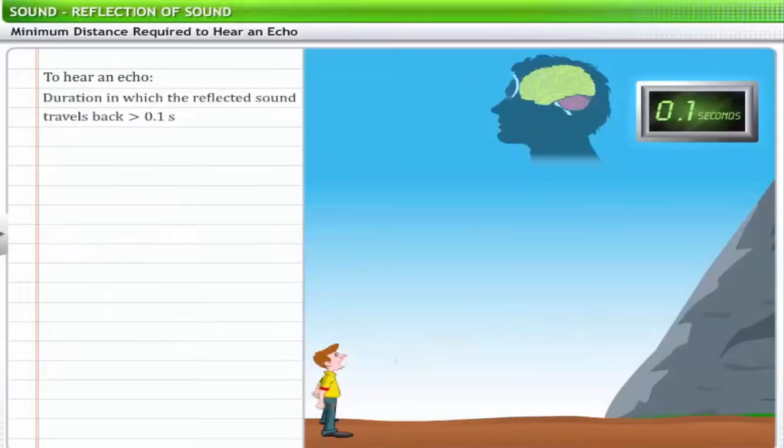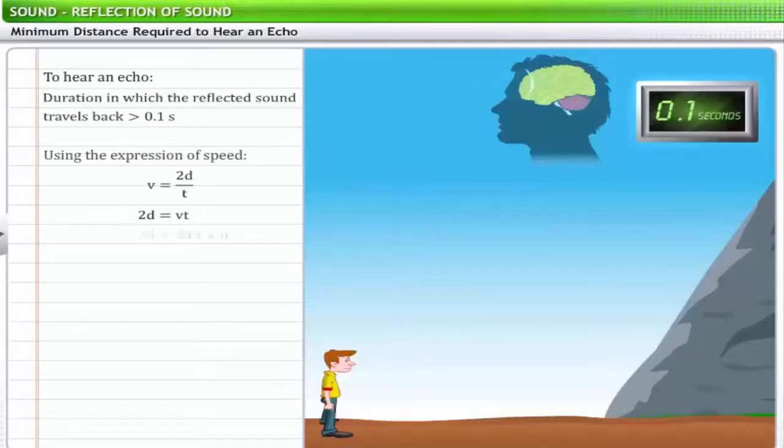To hear the echo, the duration in which the reflected sound travels back should be at least 0.1 second. Therefore, by using the expression of speed, the distance travelled by the sound wave is equal to the product of the speed of the sound and the time for which a sound persists in our brain.